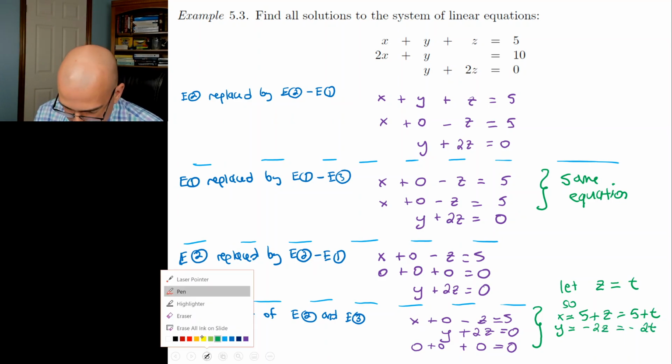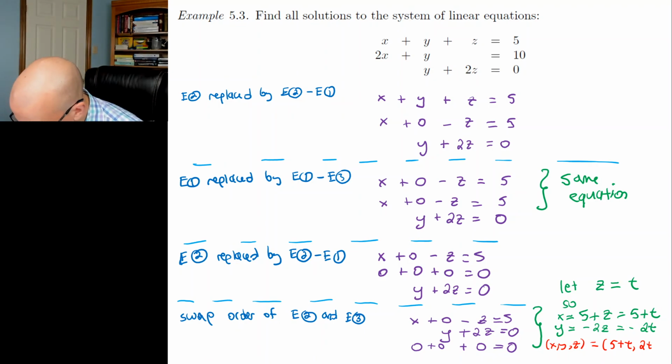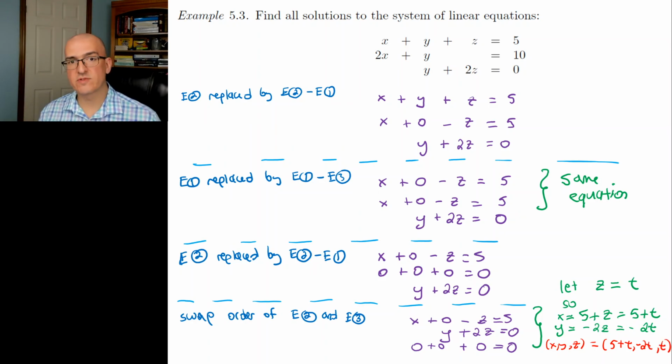And my solution is that x, y, z is equal to 5 plus t, negative 2t, t. This is a family of solutions. There's an infinite number of solutions. Pick anything you want for t, plug it in, and that will be a key that opens all these doors at the same time. This is confusing. I'll continue with more examples in the next video.